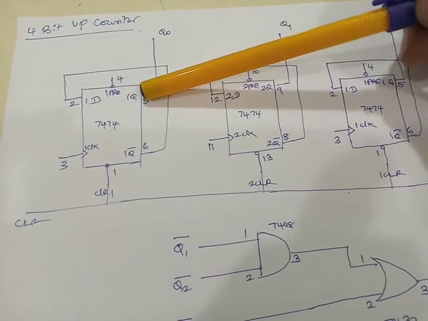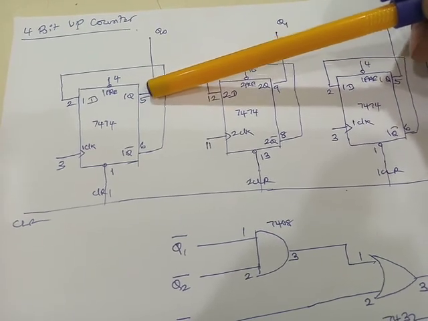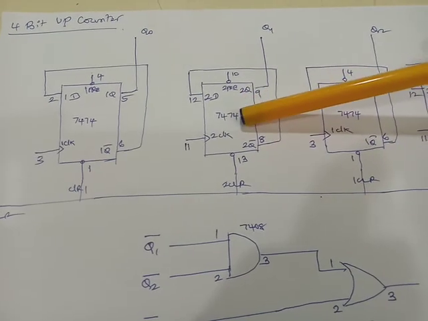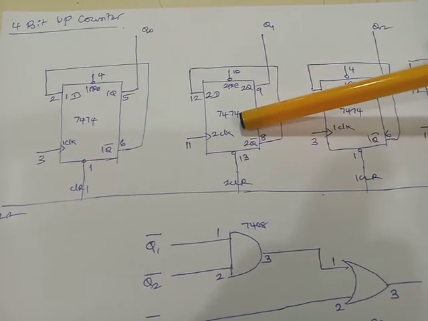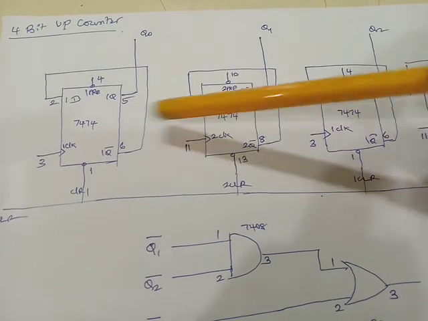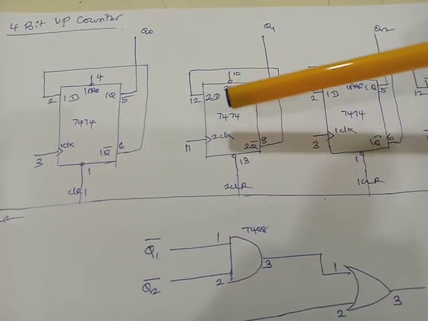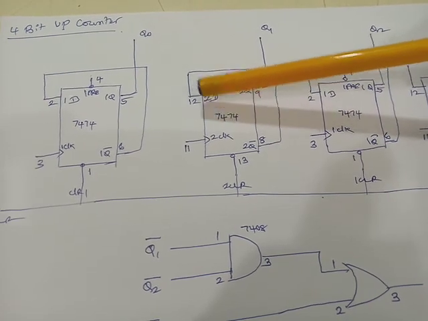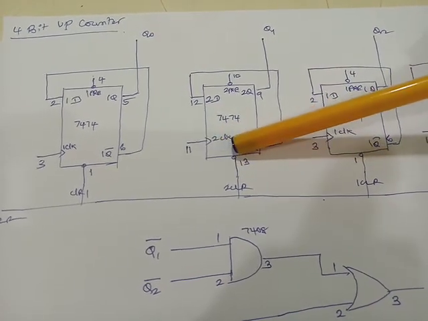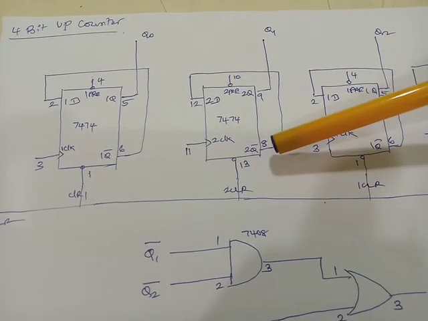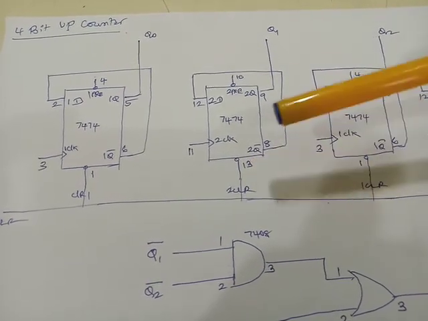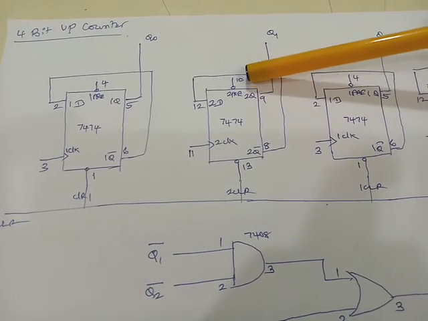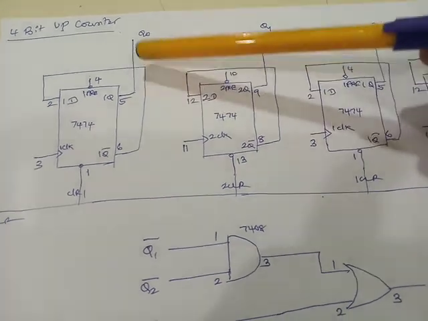The output from the first flip-flop is Q0. Coming to the second flip-flop in the same IC, since one 7474 IC consists of 2 D flip-flops: pin number 12 is the input for the second flip-flop, pin number 11 is the second clock, and pin number 13 is the clear.